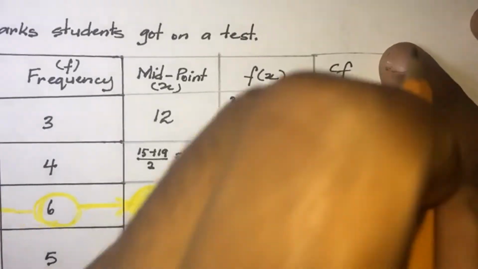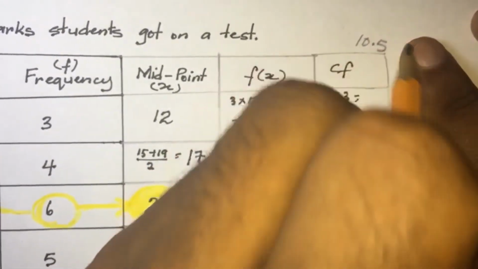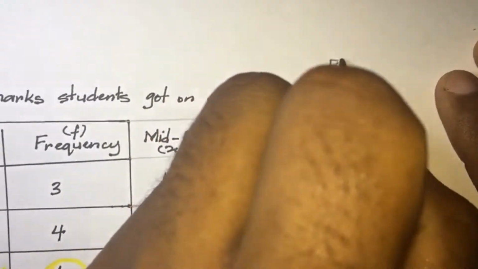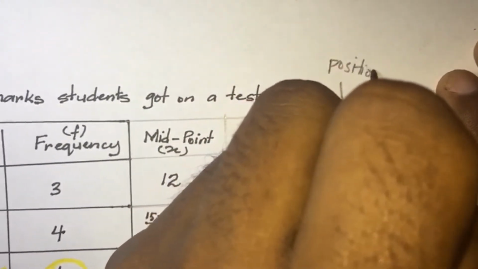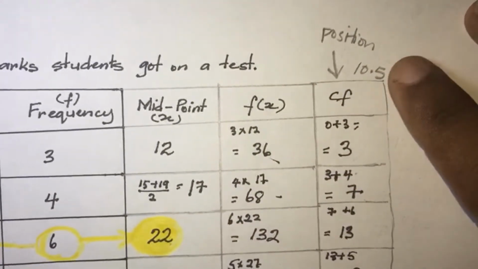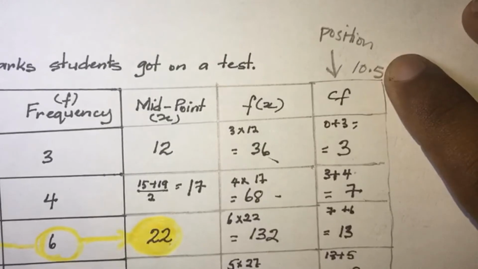So I'm looking for 10.5. I'm just going to write it up there to keep me on track, because the cumulative frequency column really tells us the position. That's all it tells us, the position. And remember, our median is the middle position. And our middle position when we calculated it was the 10.5th position.